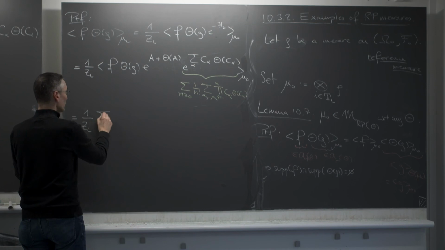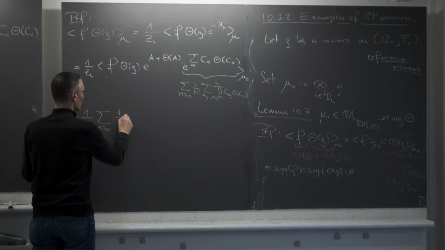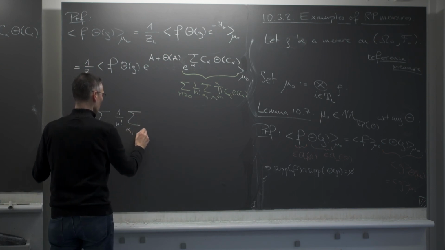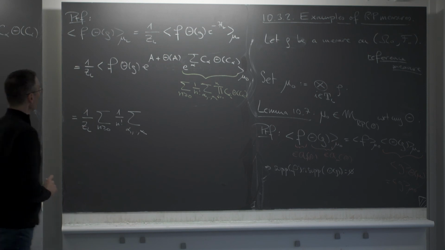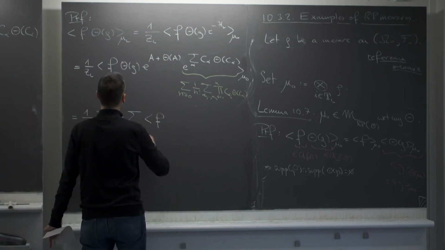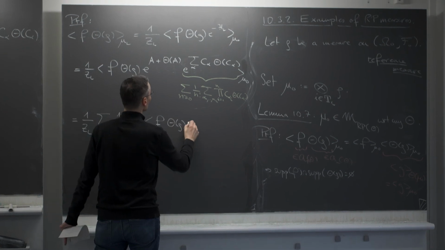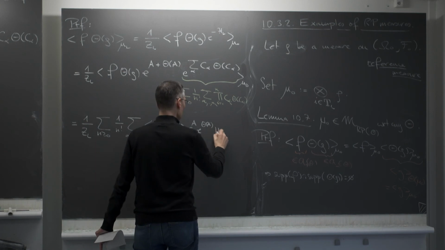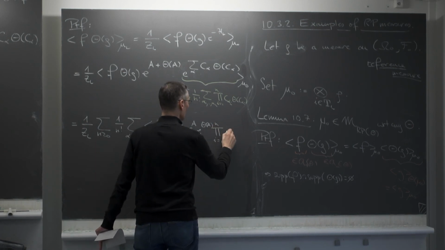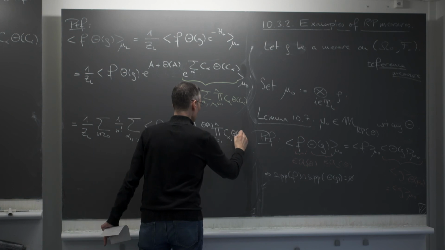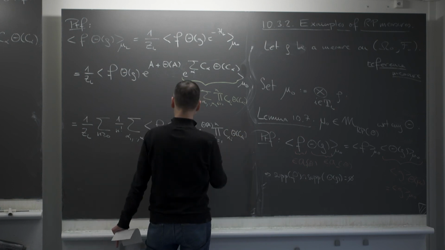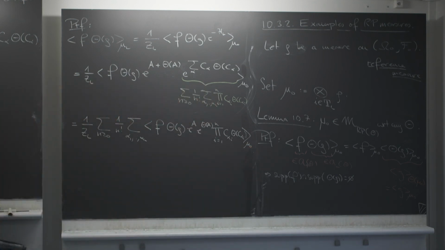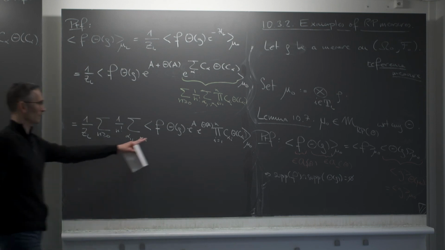Then I get the sum over n greater or equal 0, 1 over n factorial, this sum over alpha 1 to alpha n. And then I get the expected value of f, theta g, e to the a, e to the theta a, and then the product over all i from 1 to n of C alpha i, theta C alpha i. Okay, mu 0. Just using linearity, I can write it this way.